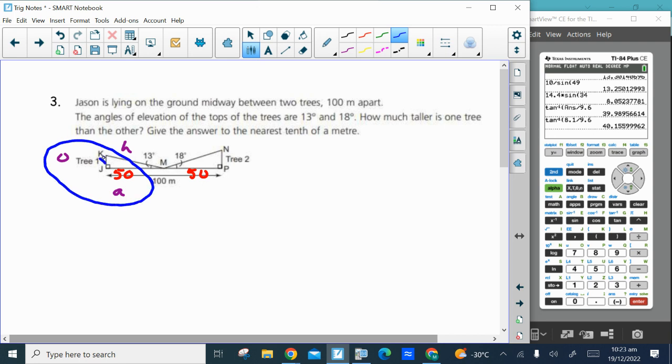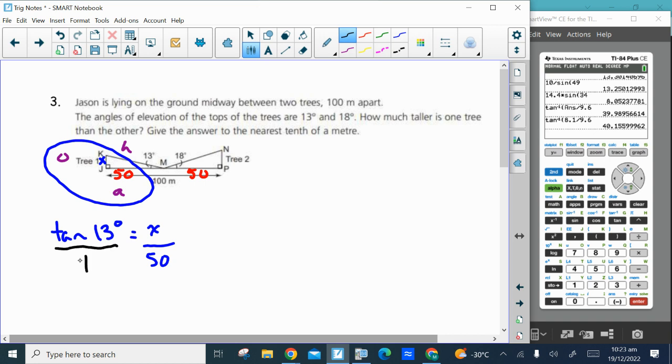So if we want, we can put an X there. So we're going to use the opposite and the adjacent, which is the tan ratio. And the angle I'm using for tree 1 is 13 degrees. That's the angle of elevation. Tan of 13 equals the opposite, which is X, over the adjacent, which is 50.